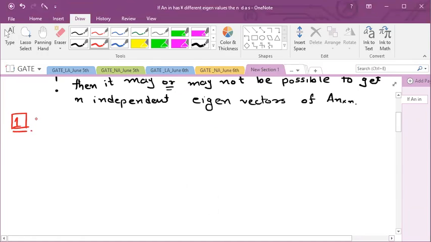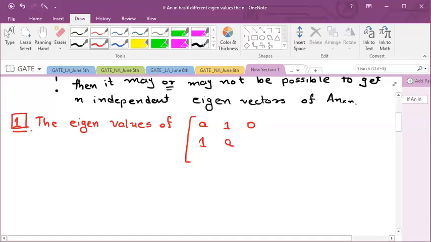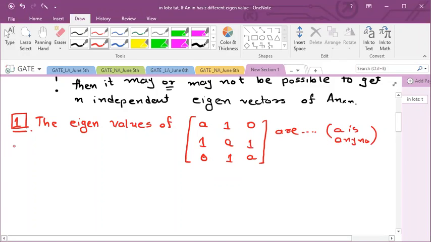The eigenvalues of the matrix A 1 0, 1 A 1, 0 1 A are, where A is any number. Okay, this is given to you in the question.